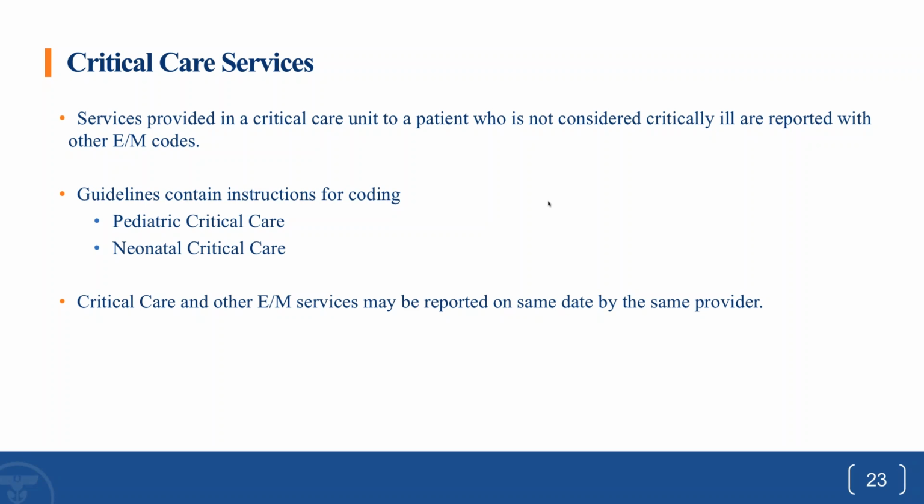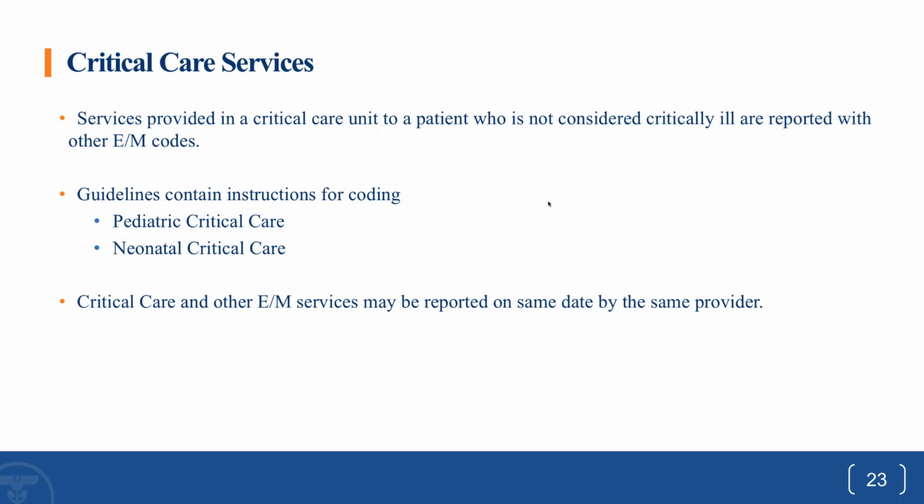But if critical care for the children or the neonate is administered in the emergency room department, then you are going to use the adult critical care codes, which is 99291. Remember that on page 25, it's dependent on time.